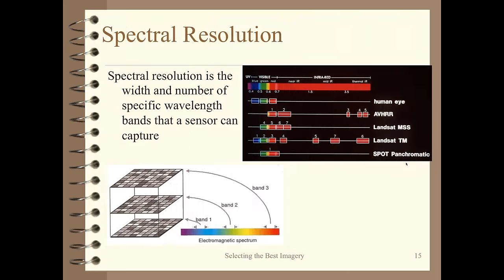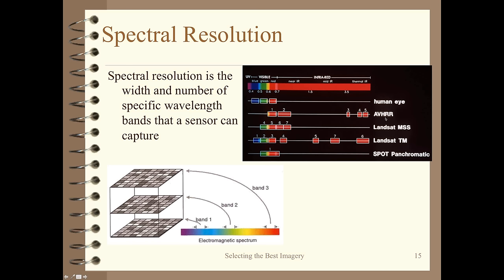Okay, so that's spatial resolution. Now we're talking about spectral resolution. Spectral resolution has to do with the wavelengths. Remember, one of the powerful things about remote sensing is that we can sense in wavelengths beyond what our eyes can see. If you look on this little slide here, you can see what the human eye sees, a very small portion of electromagnetic energy, just blue, green, and red.